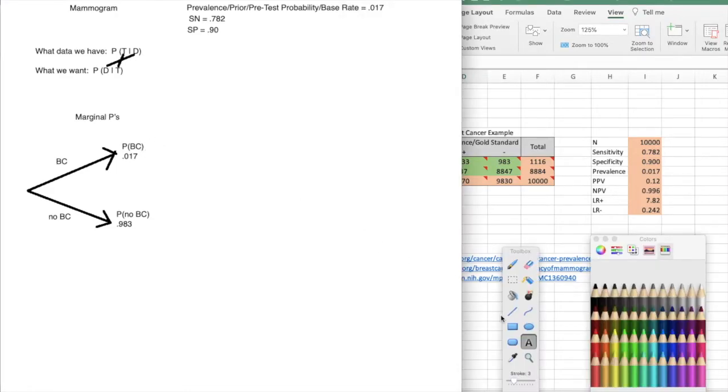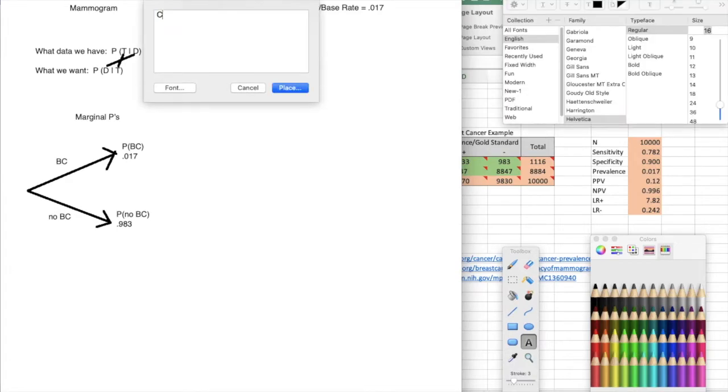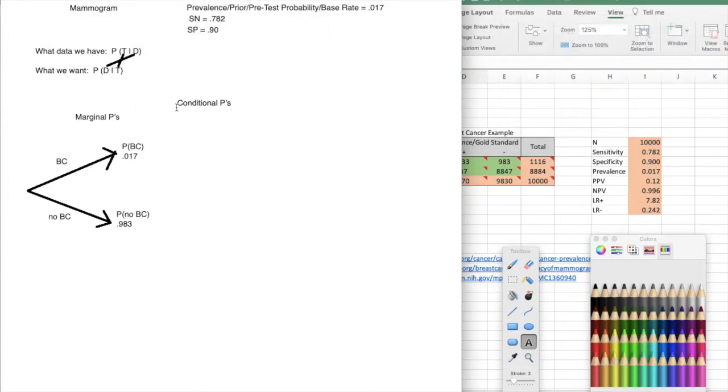Now, we have conditional probabilities as the next level of the tree. So somebody comes in, they actually have breast cancer, but we have to test them. So they take a mammogram. That's either going to be positive or negative.